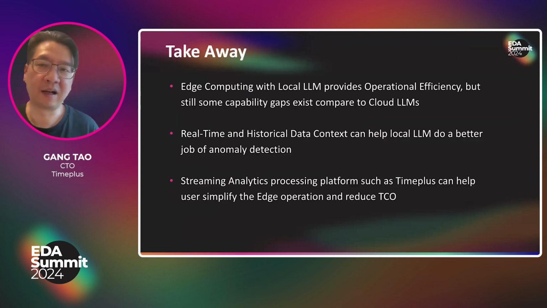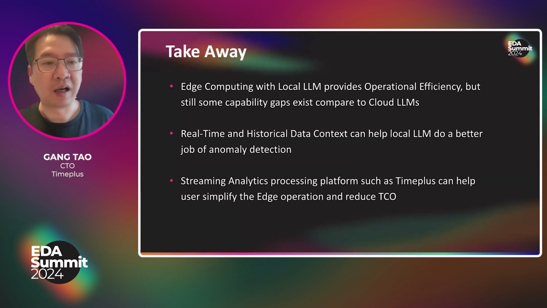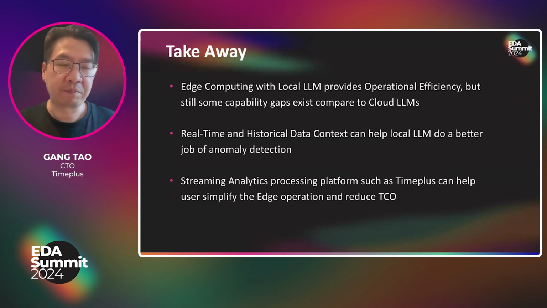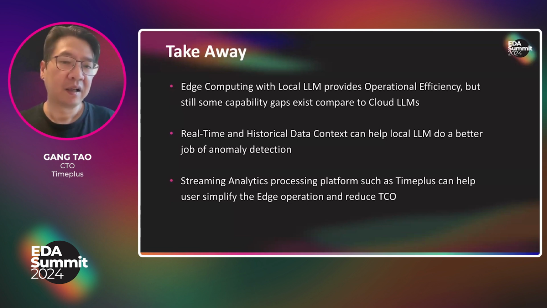Okay, that's all my presentation. There are some takeaways. So edge computing with local large language models can provide you operational efficiency because you don't have external dependencies, everything running locally. It's easy to run, but the capability of the model is not the best, but I believe it will get better and better, right?